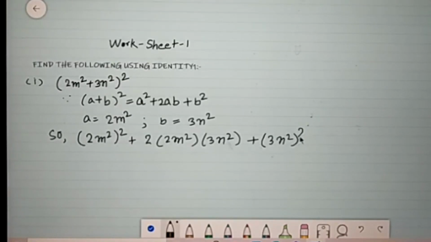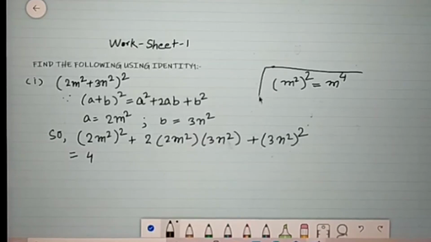So now we have 2 square. A square of 2 is 4, and m square, and its square. Power to the power, we multiply the power, so 2 2s are 4. This is from the exponential laws.